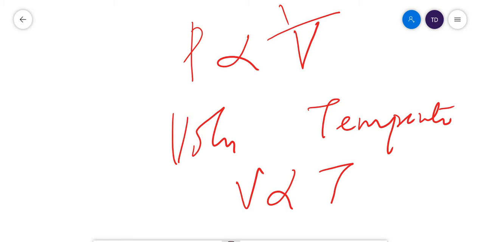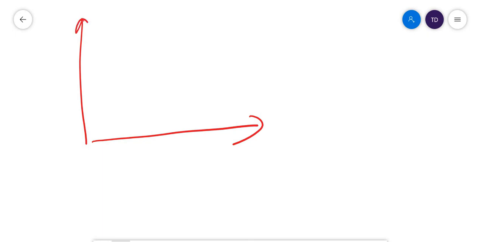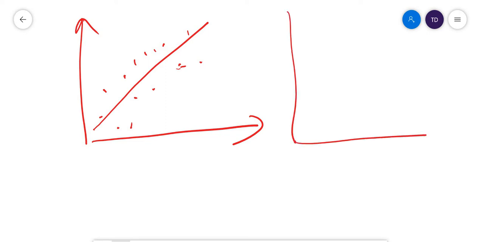Coming back to the correlation coefficient, I will give you some more clarity on this. If you plot a relationship between volume and temperature, if two variables are directly proportional, then we can plot the graph like this. Here you have the data points. If they are inversely proportional, then when you plot the graph, you will get a graph like this.